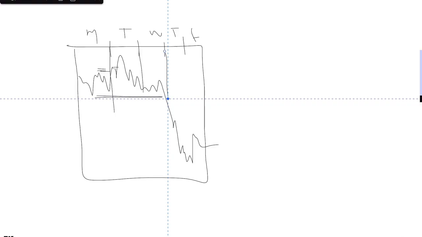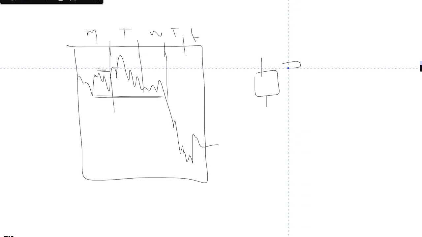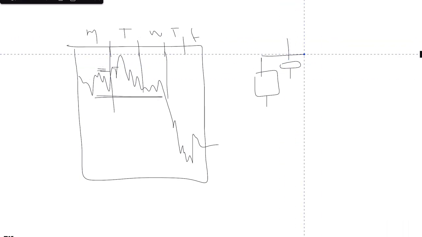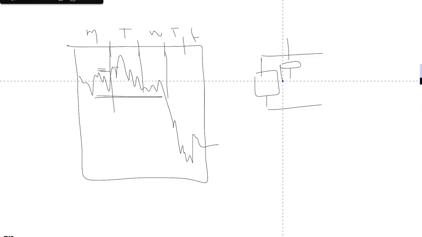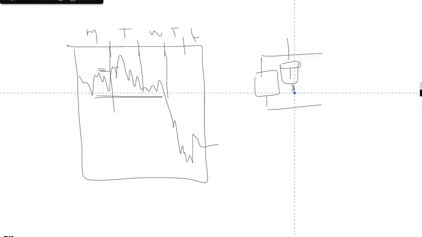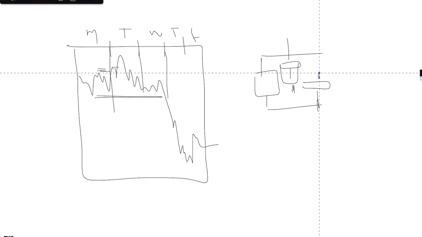So again, going back to X-ray vision, you're going to turn Monday into a candle, and then Tuesday into another candle, and Wednesday into the third candle, which goes down into the Monday low.